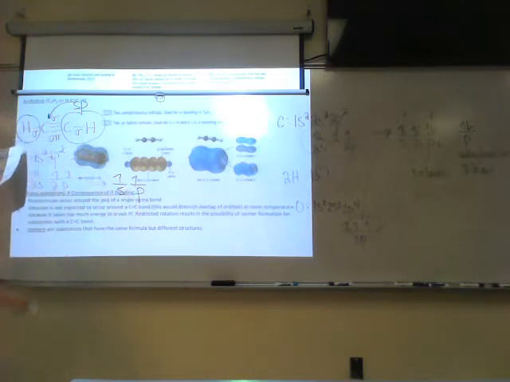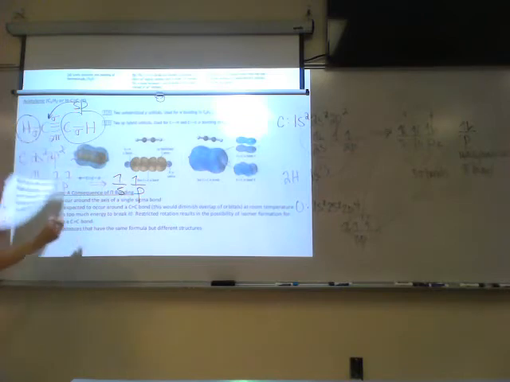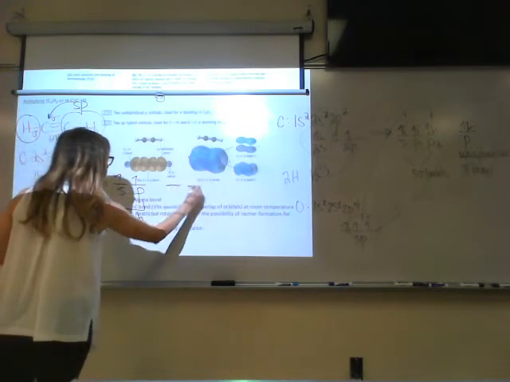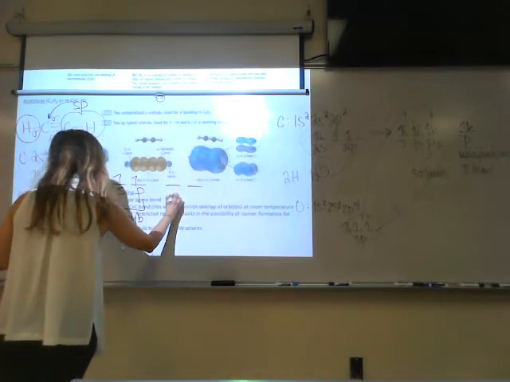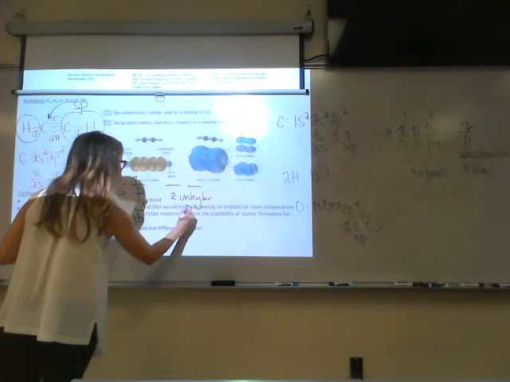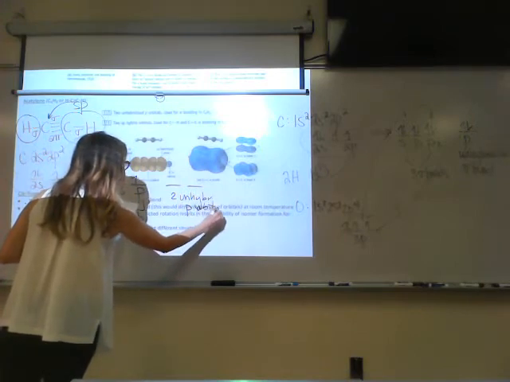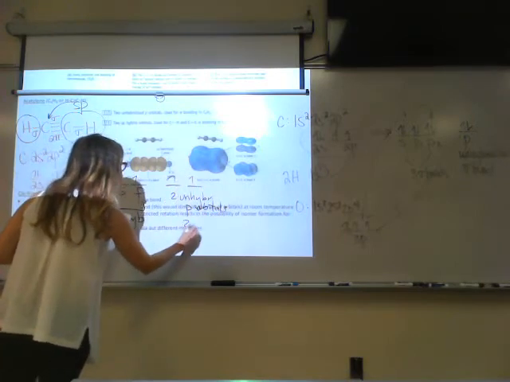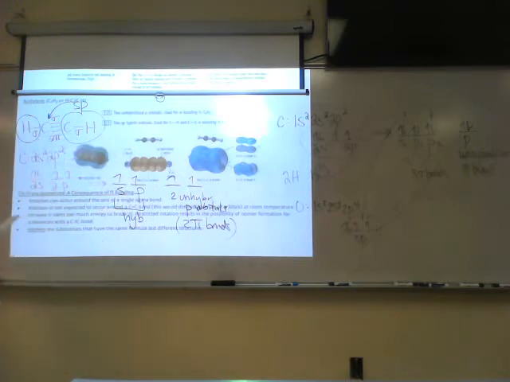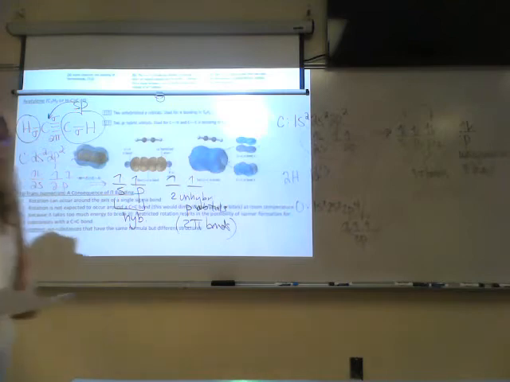But I'm going to need to have a couple of sigma and a couple of pi. So these are your hybridized, and then you're going to have your 2 unhybridized p orbitals, because you need to form 2 pi bonds. Then you'll have your hydrogen come in and your other carbon come in.